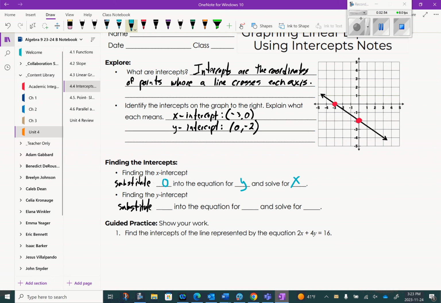To find the y-intercept, we're going to substitute 0 in place of x and solve for y. So again, basically just do the other one. To find the x-intercept, and again, that number could be just about anything, we're going to substitute 0 in place of y. To find the y-intercept, we're going to substitute 0 in place of x.